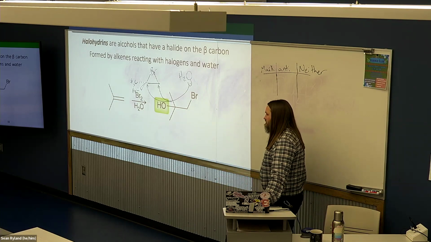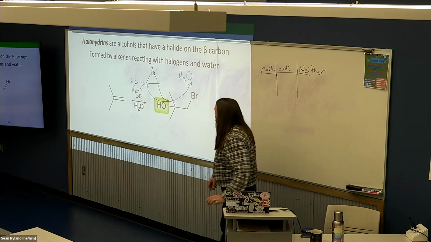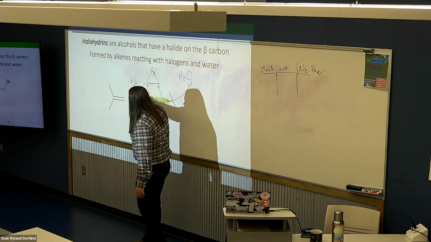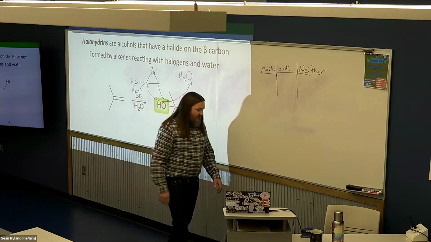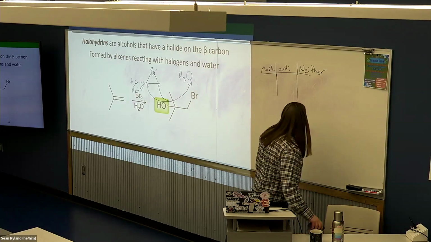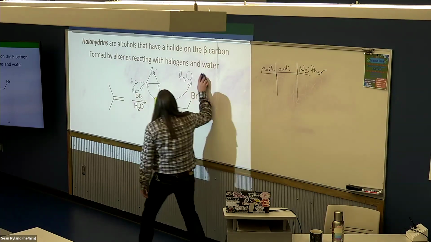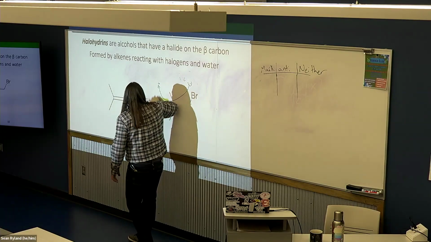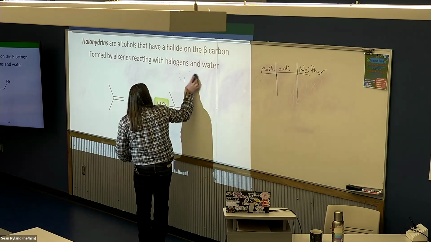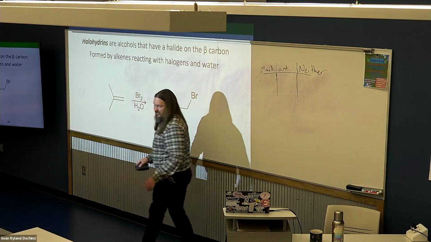So what's the indicator? If it's bromine, Br2, and with water around. If it's just bromine reacting, then it doesn't matter. It's neither Markovnikov nor anti because we're going to add a bromine to both sides.